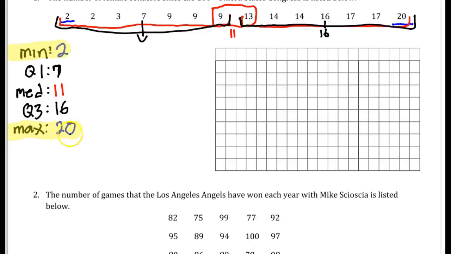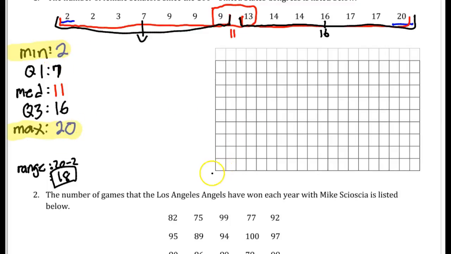So we have 20, and with those 20 squares, can we fit our range? The range is going to be 20 minus 2, which is 18.